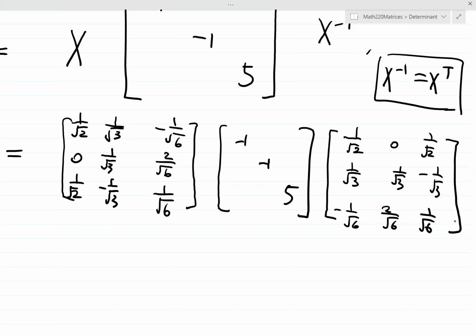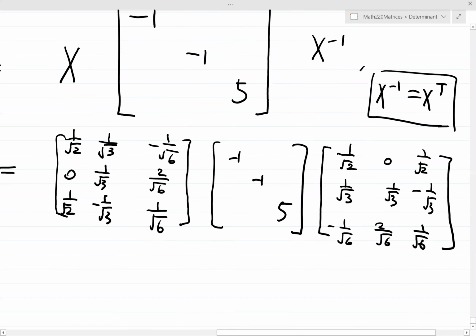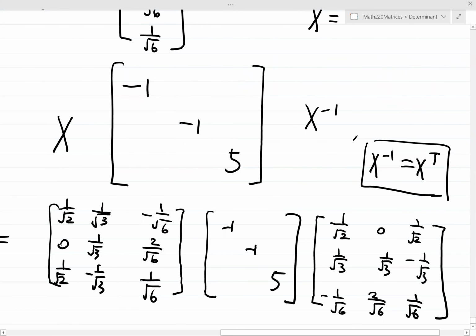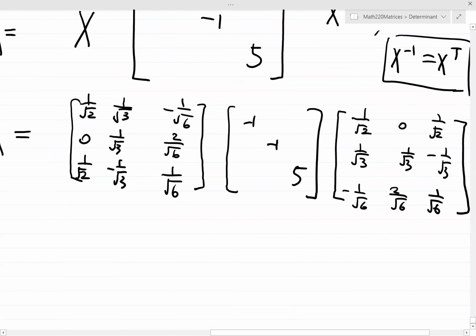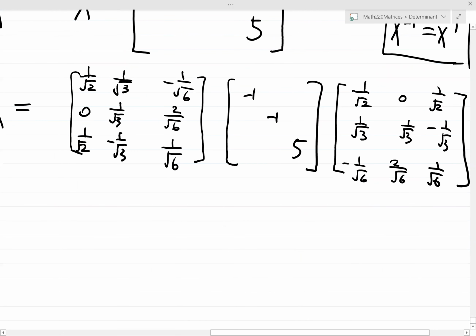For instance, if you choose different bases, you actually get something that looks different.